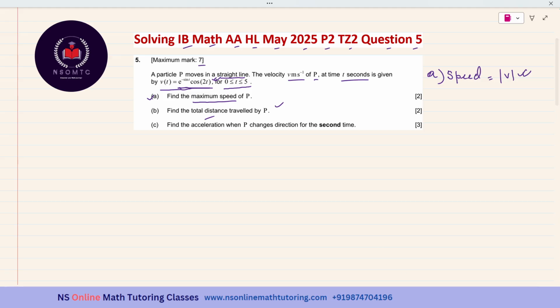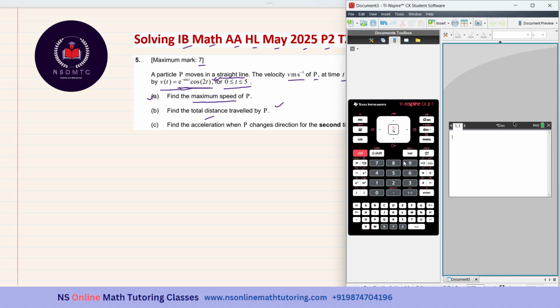So first of all, let us save this expression. It is e to the power of negative sine x times cos of 2x. I am writing x because I have to graph also, so it is better to keep it as x.